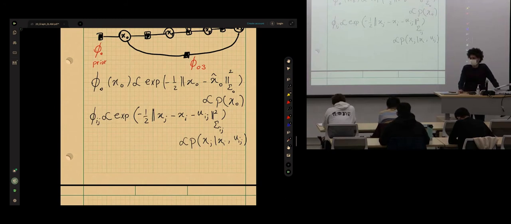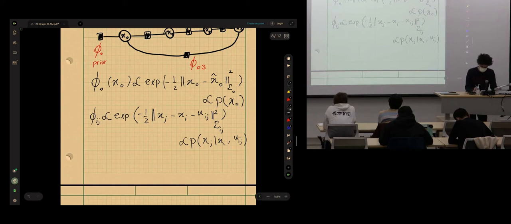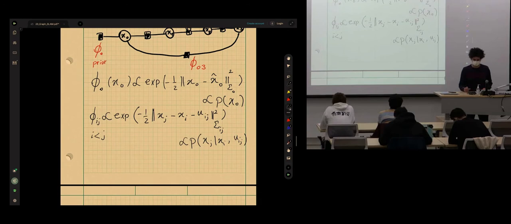So you could imagine we had maybe some measurements, and then we processed that to get a relative pose between x0 prior and x3. And i is smaller than j, because that's what we see in the graph.